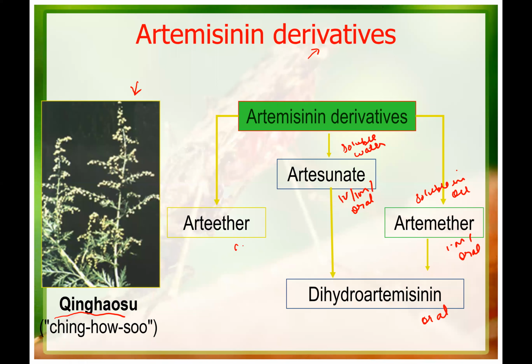We have one more artemisinin derivative, synthesized in India, that is arterolane. Dihydroartemisinin is the intermediate metabolite of artesunate and artemether, which are converted to dihydroartemisinin in the body, and it can also be used as a drug in therapy.